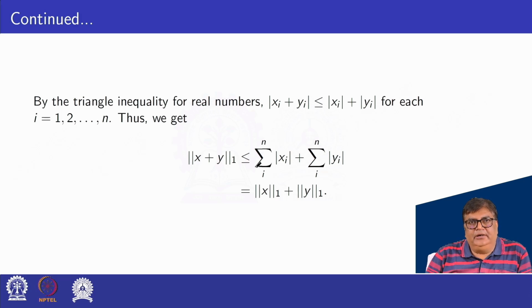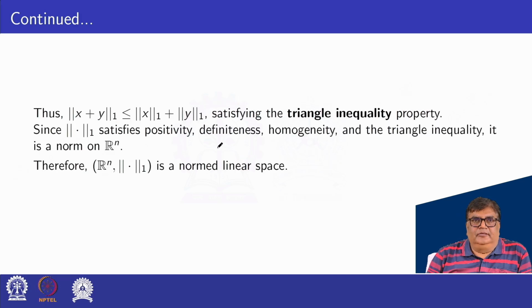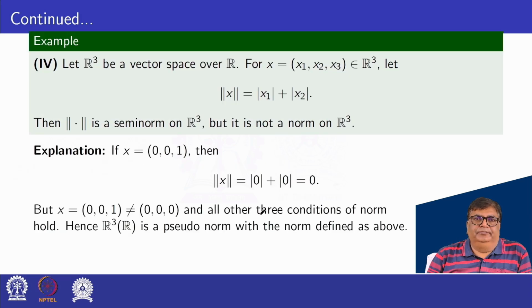As per the statement, this can be written as norm x plus norm y. So the fourth property, norm x plus y less than or equal to norm x plus norm y, is satisfied. Hence, we can say that Rn under this norm 1 is a normed linear space.